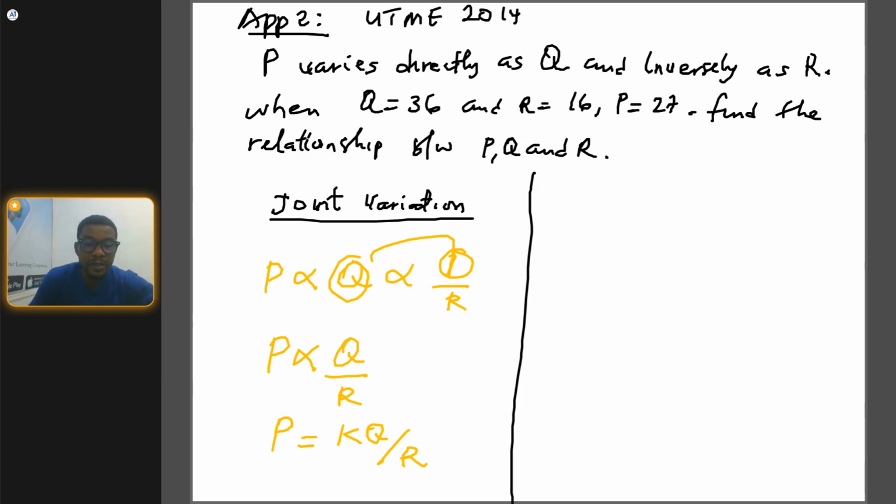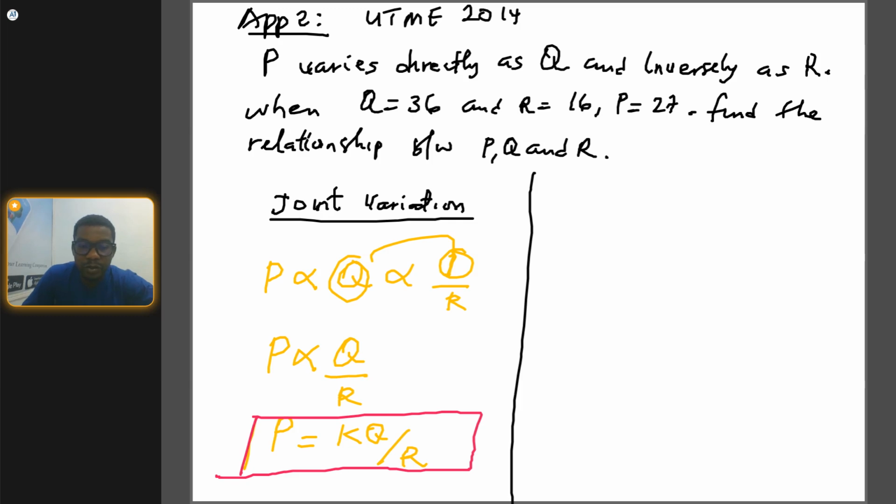So let's identify this as the relationship, but we are not yet done until we get the value of K. Okay? Your relationship is not yet complete until you obtain the value of K. So it's very important that you obtain the value of K and rewrite your relationship, so that it captures the value of K. So how do we get K?